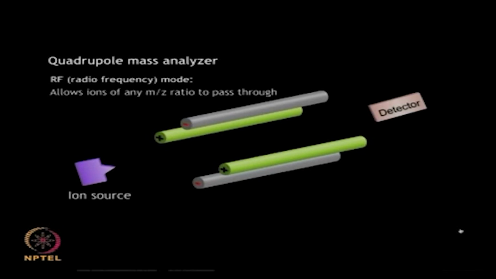The quadrupole mass analyzer can be operated in either radio frequency or scanning mode. In RF mode or radio frequency, ions of all m by z are allowed to pass through, which are then detected by a detector.